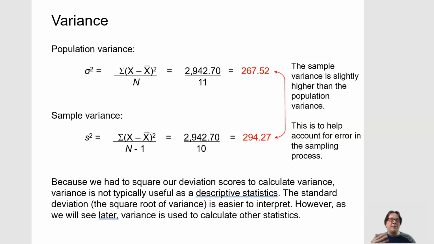But we weren't able to do that because when you add deviation scores, you end up with 0. So we had to square it in order to calculate this thing we want to get. So essentially what we have to do now is unsquare those values. How do we do that?